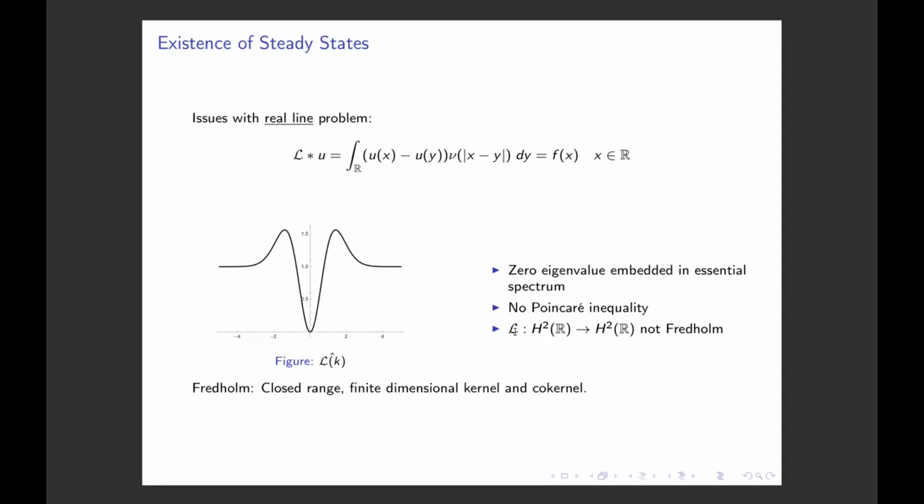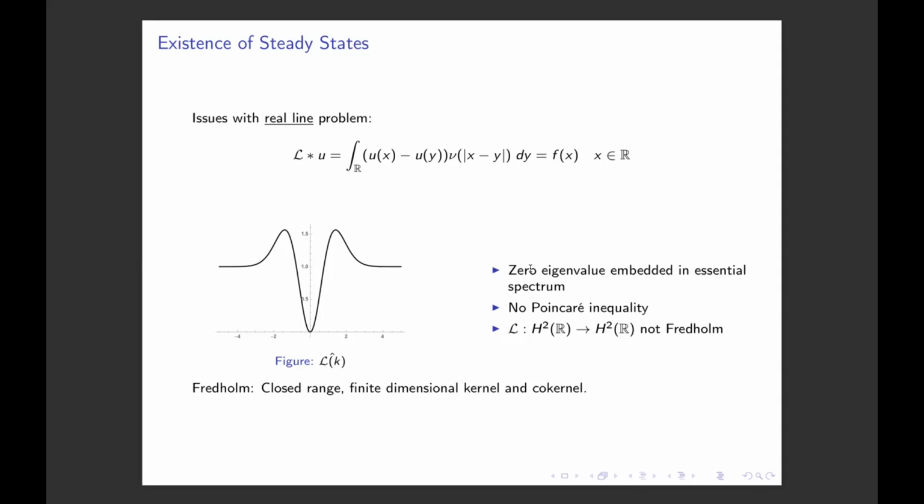The main idea is that the problem comes from the type of spaces that you're using. If you set up this convolution operator between the standard Sobolev spaces, what you realize is that you have a zero eigenvalue embedded in the essential spectrum. What that means is that the operator itself doesn't have a closed range. And so given any source term, you're not always guaranteed that you're going to have a unique solution that corresponds to that particular source term.